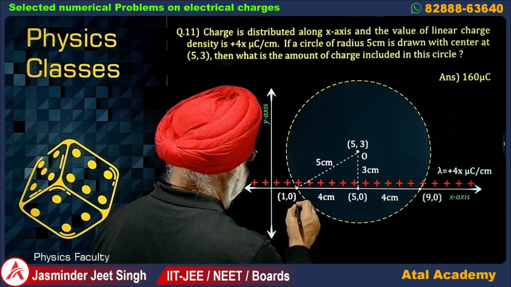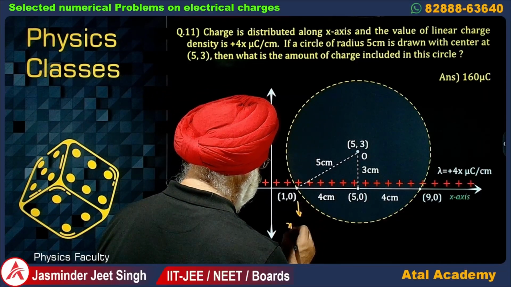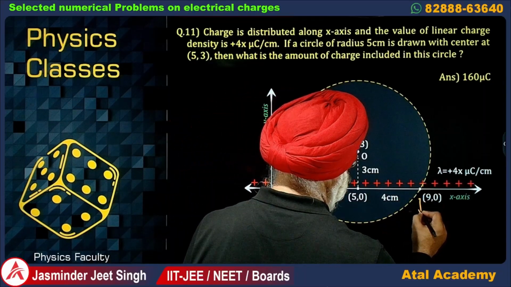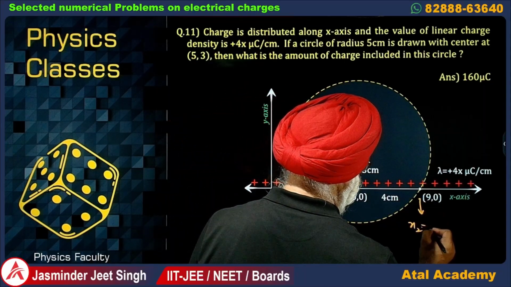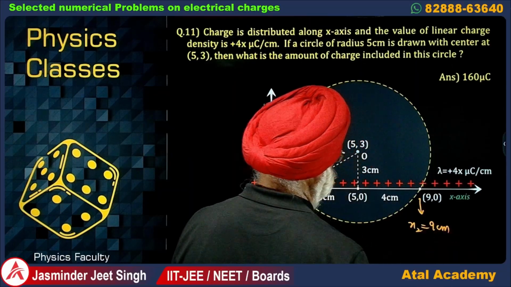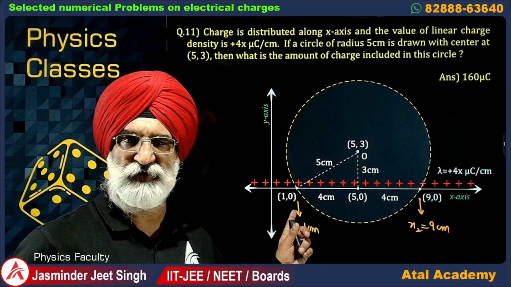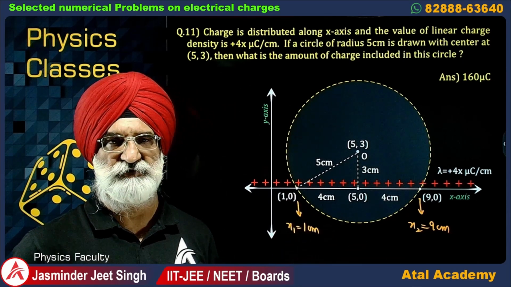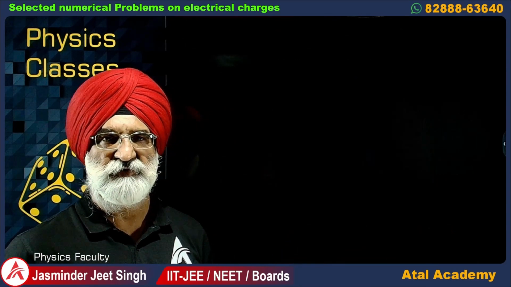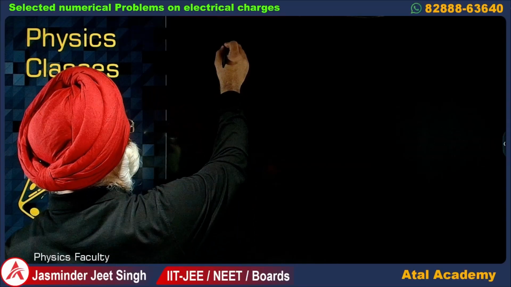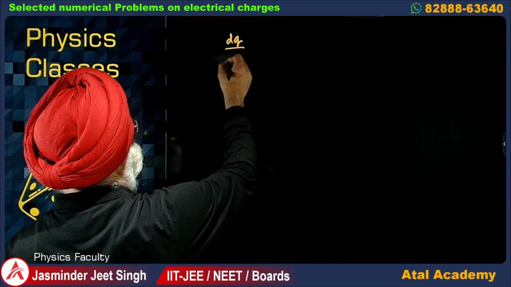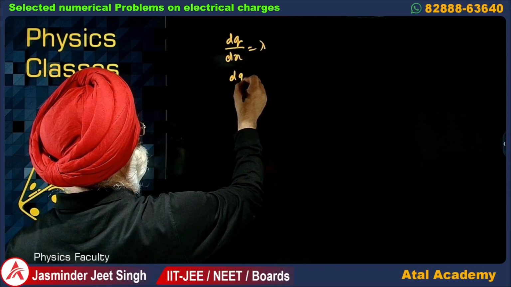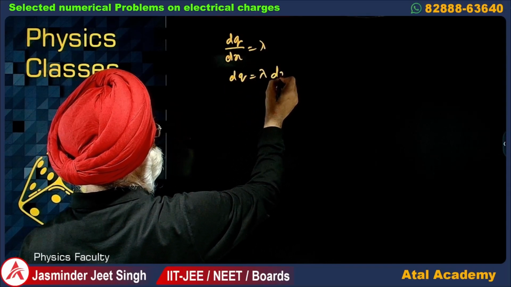Here this point will correspond to x1 equal to 1 centimeter and this point will correspond to x2 equal to 9 centimeters. That means we are supposed to find out the charge in between 1 centimeter and 9 centimeters. Lambda is given to us. Charge per unit length dx is equal to lambda and dq will be lambda into dx.